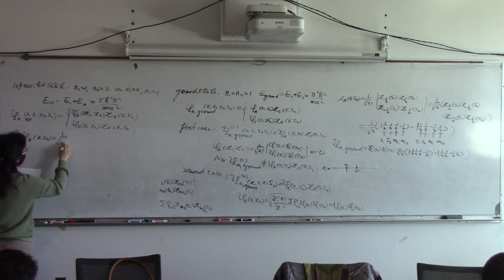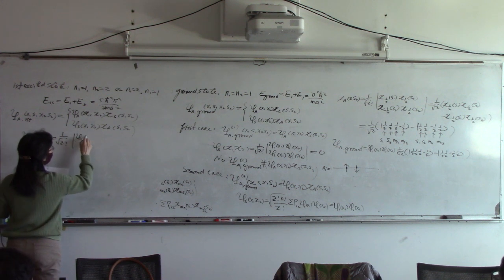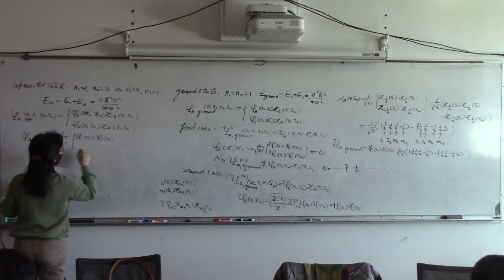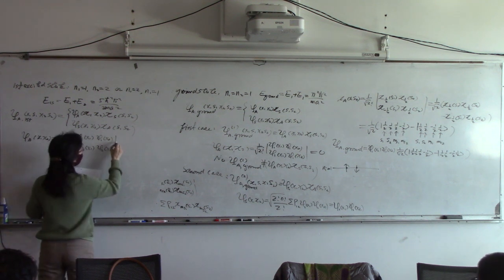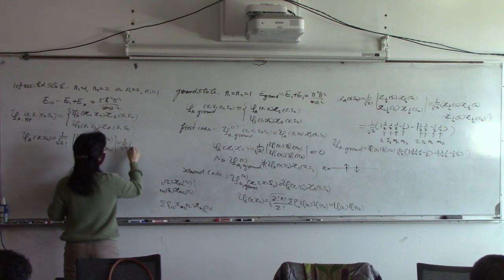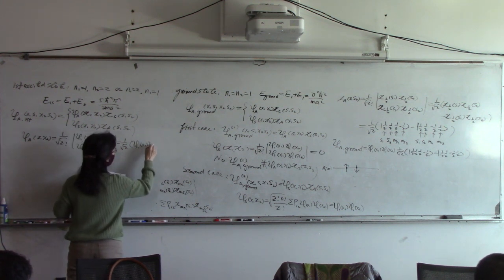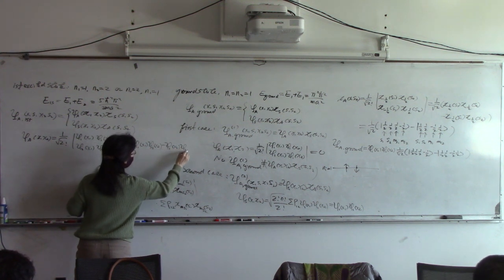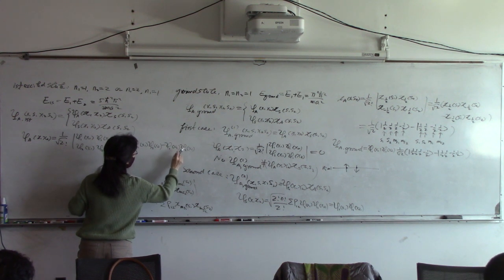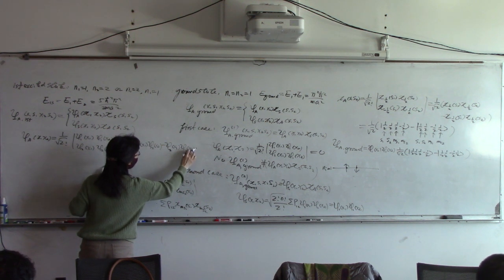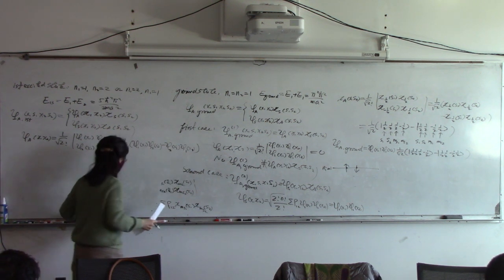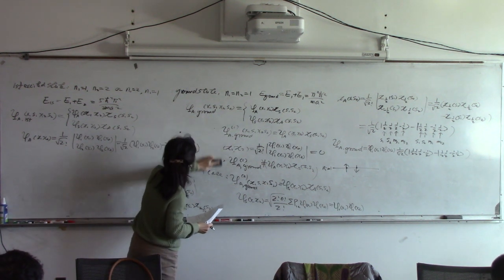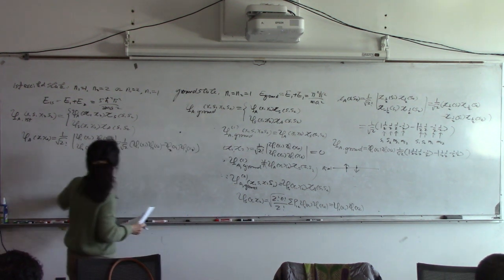By definition, it's the determinant of psi1(x1), psi1(x2), psi2(x1), psi2(x2). So that is simply the sum over psi1(x1) psi2(x2) minus psi1(x2) psi2(x1). Since these are two different energies, we can construct antisymmetric.